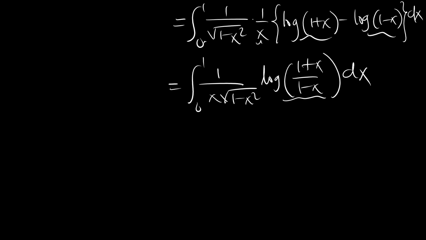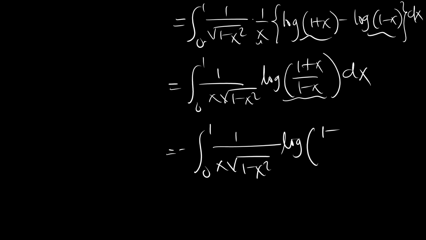We can reverse the order of this so that we pull the negative out. So we have negative times the integral from x equals 0 to 1 of 1 over x square root of 1 minus x squared, natural logarithm of 1 minus x over 1 plus x dx.